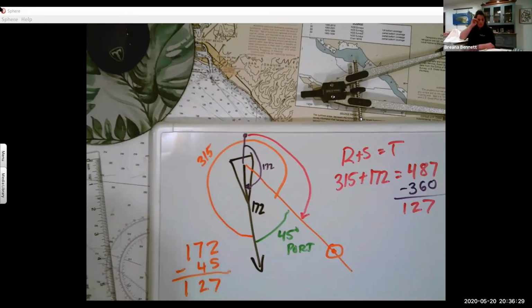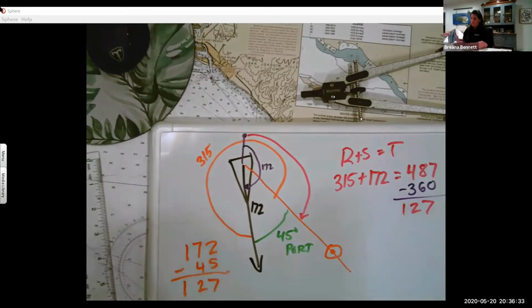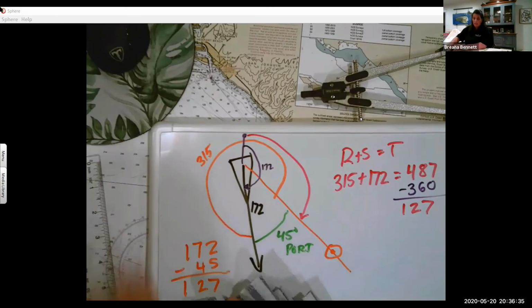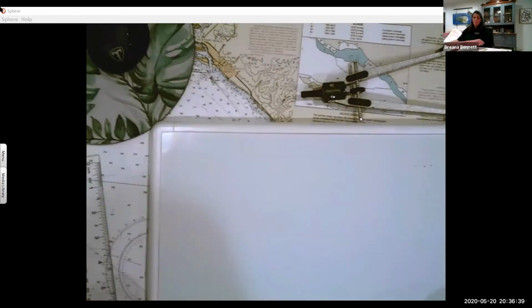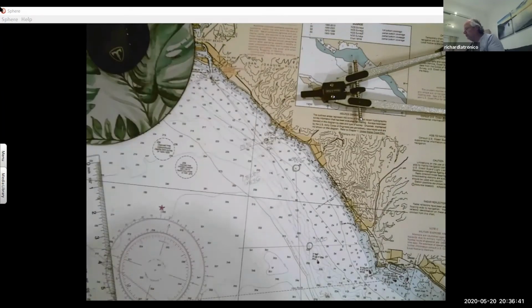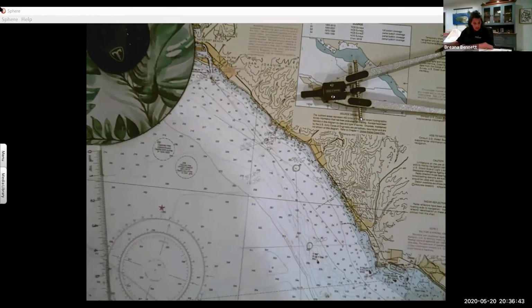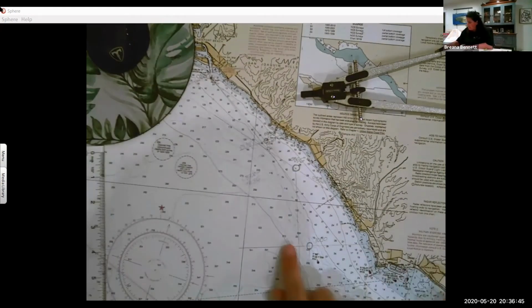Okay, so our next little section, last section here. Weather is still a factor, so we decided to just come into Dana Point, which was our plan all along. But we want to stay for the night.